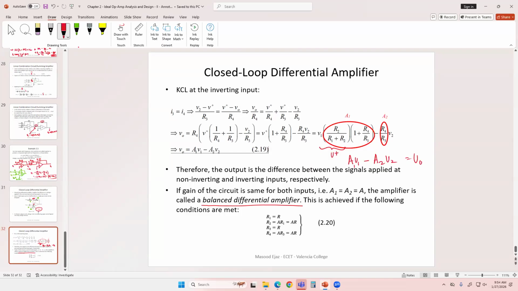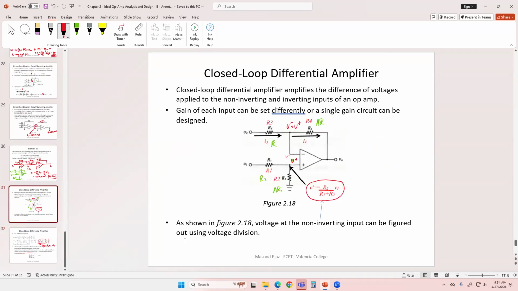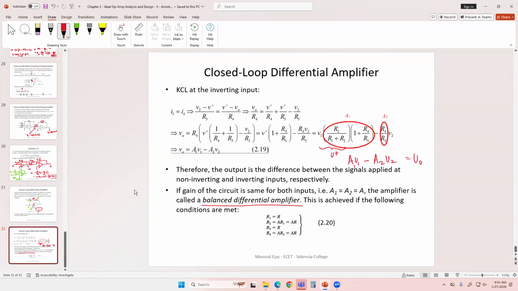So design will still be valid as long as your output is in accordance with the requirement of the design. And the same thing goes for the closed loop differential amplifier. As long as you're choosing the resistor value for a specific gain, you can choose any resistor value within a range that is given to you.